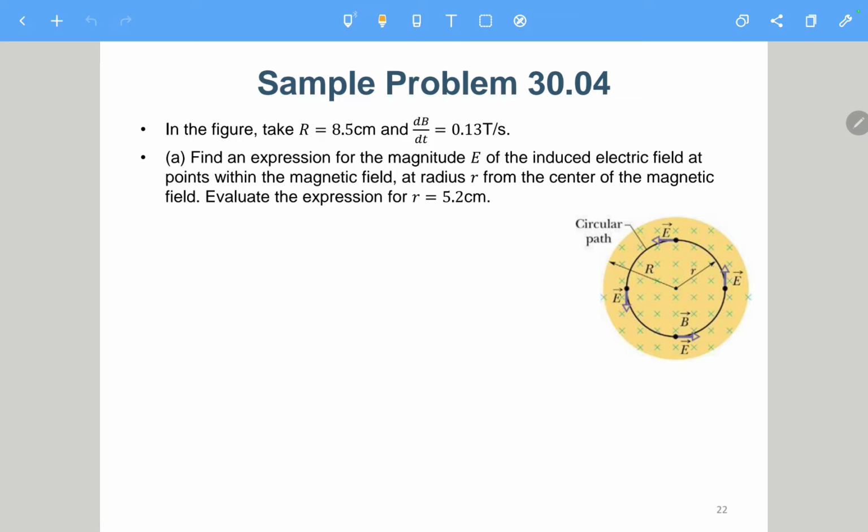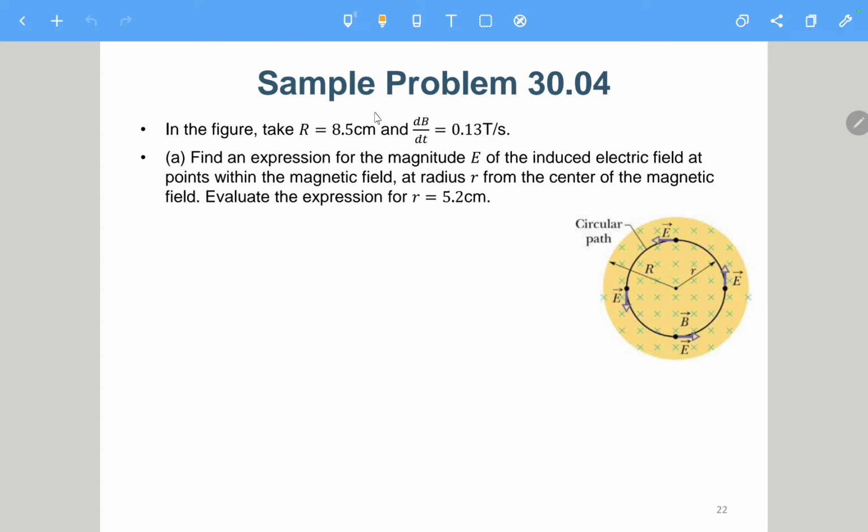Okay, so here let's take a look at a sample problem. It says in the figure take R to be this length, and dB/dt is this value. Find an expression for the magnitude E of the induced E field at points within the magnetic field at radius r from the center, and evaluate the expression for r equals 5.2.